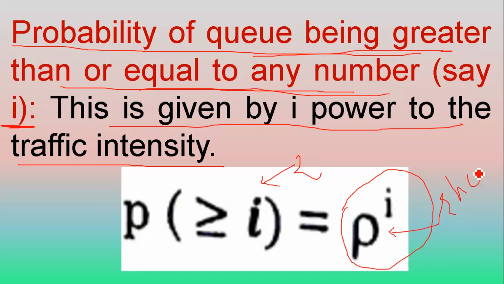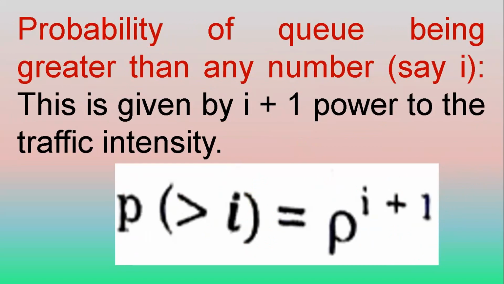That will be traffic intensity to the power I, that means for 2, right? Here the 2 is the length of the queue, right? It means two customers are standing in the queue. Or in general, we can write I customers waiting in queue, right? That is the probability, traffic intensity to the power I.